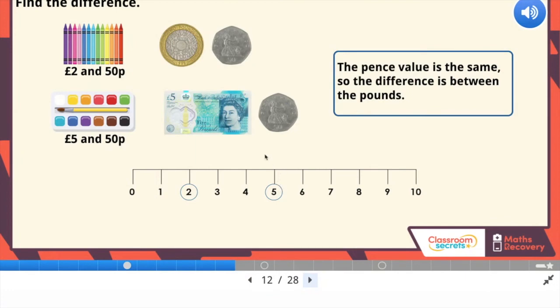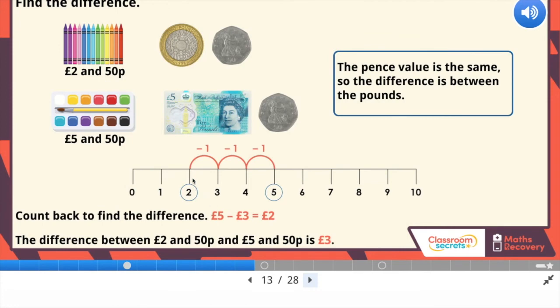Or how much do you need to count back to get to 2? Okay, so if we're counting on, or counting back even, we're taking away 1, 2, 3. We take away 3, so the difference is £3. £5 is £3 more than £2. That is the difference.